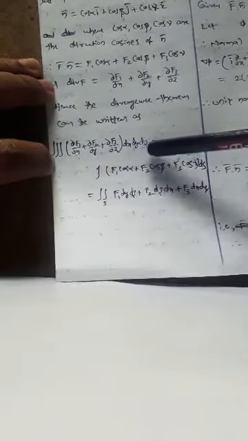Now the formula is a triple integral, a combination of surface integral and volume integral: triple integral of (dou f1 by dou x plus dou f2 by dou y plus dou f3 by dou z) dx dy dz equals surface integral of f1 dy dz plus f2 dz dx plus f3 dx dy.